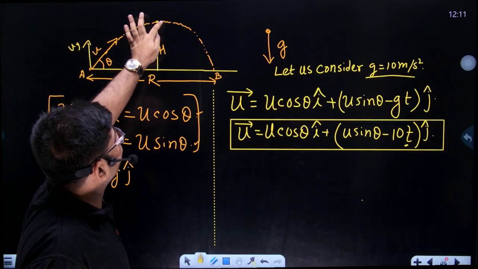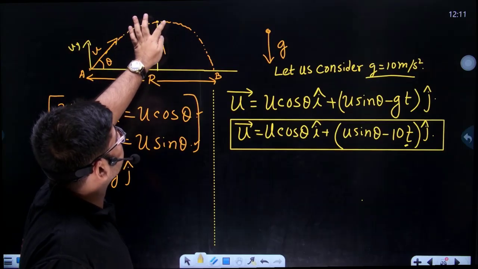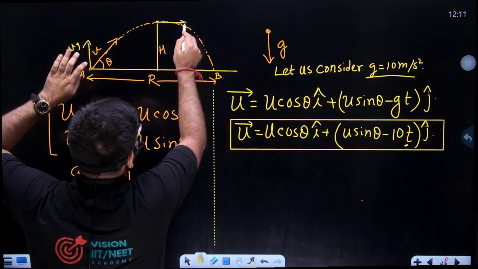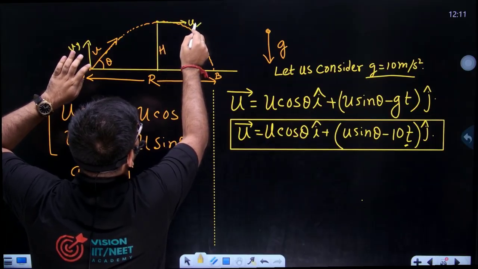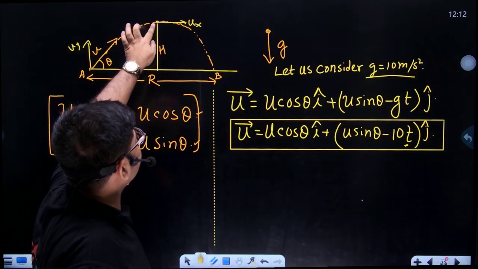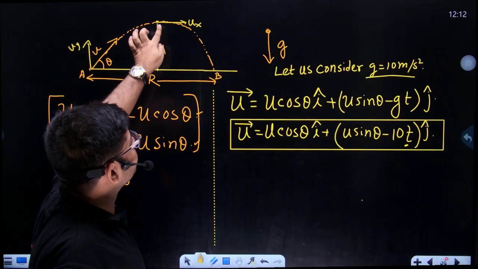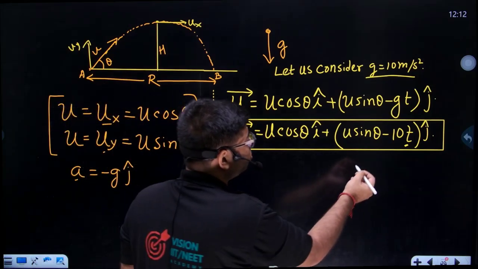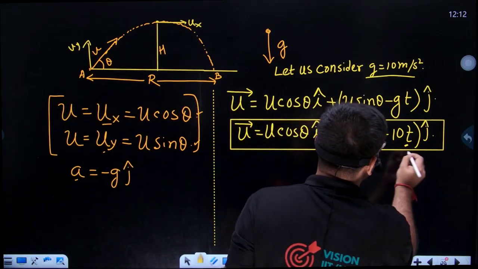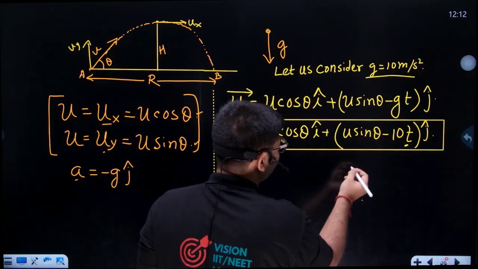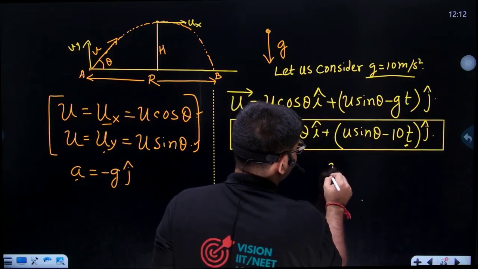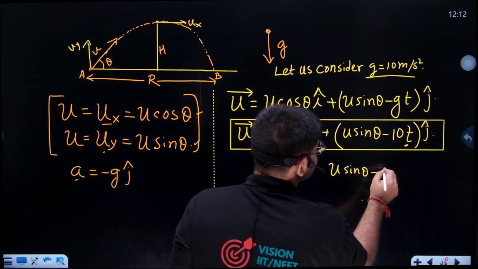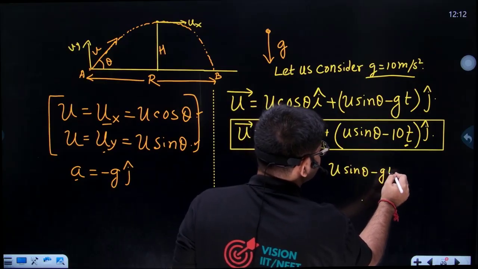And here only one component is acting, which is the horizontal component, which is my ux. Please understand. Here my uy is 0. Only ux is basically coming into play. So ये जो है इसको हम लोग 0 पुट करेंगे. So you can put u sin theta minus gt is equal to 0.